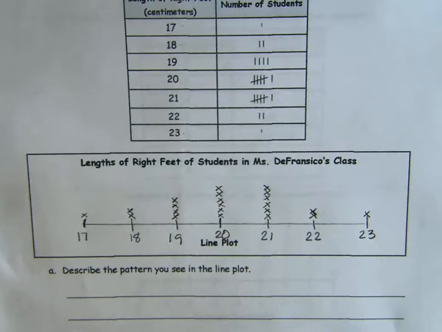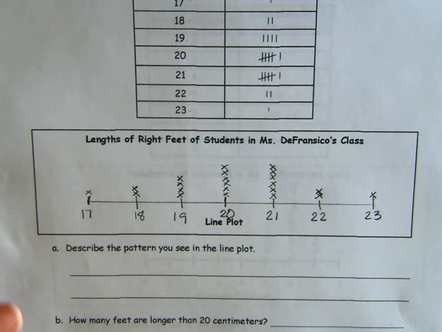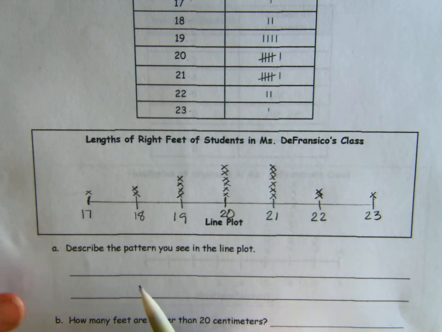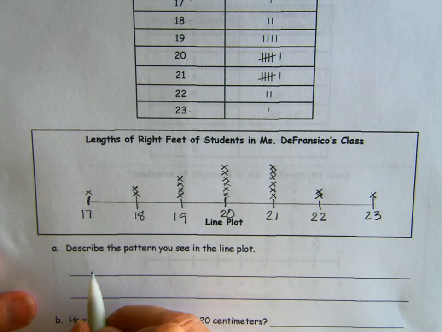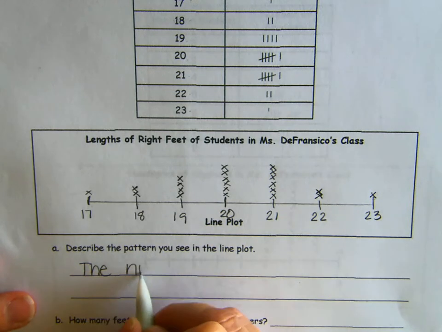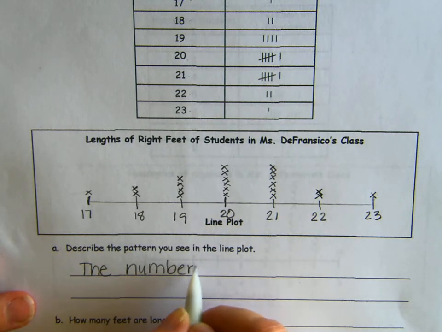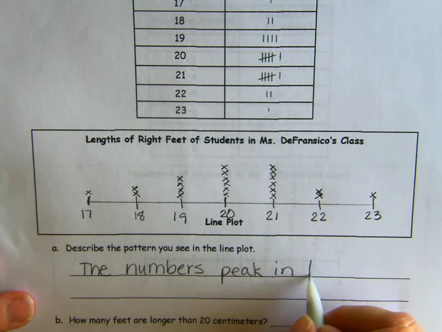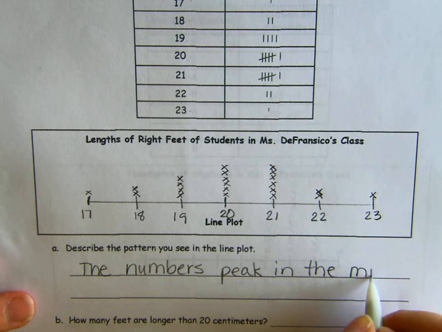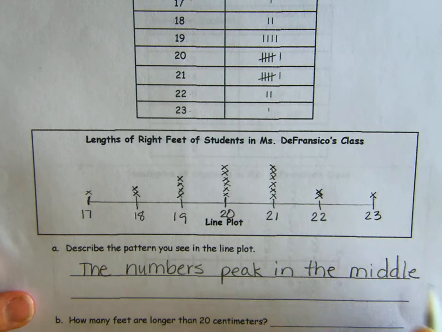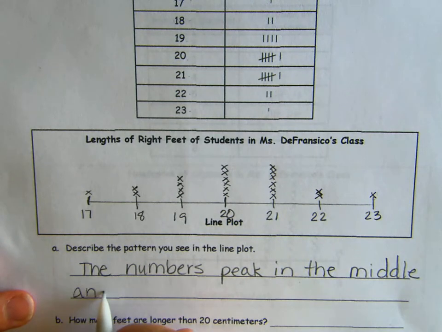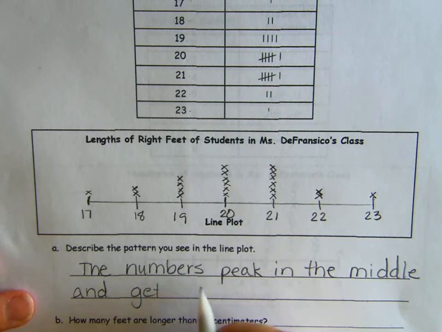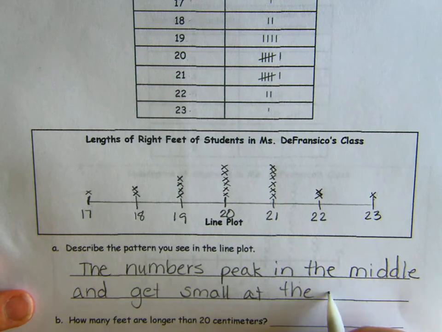So the pattern that I can see here is the numbers peak in the middle and get smaller at the ends.